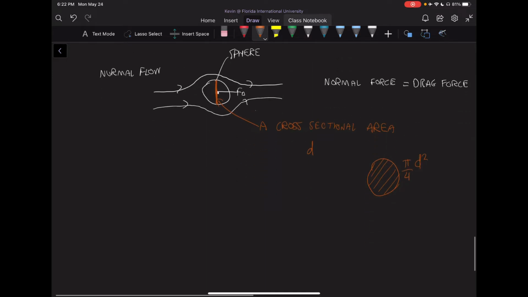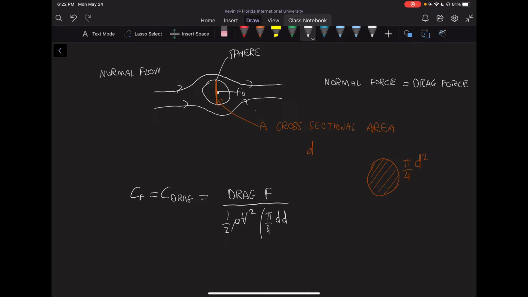And that means that we can actually come up with a coefficient of force, which in this case is equal to a coefficient of drag, because our normal force is equal to the drag force. So the actual drag force divided by 1/2 rho v squared times pi over 4 times d times d.